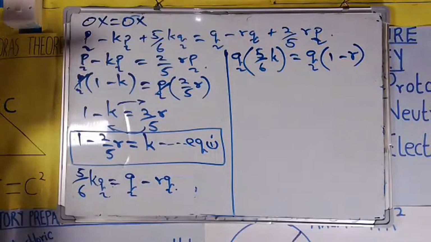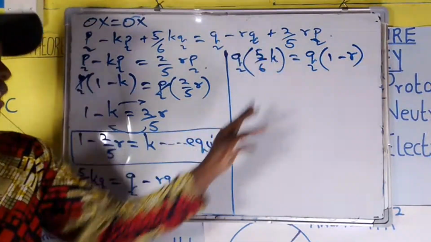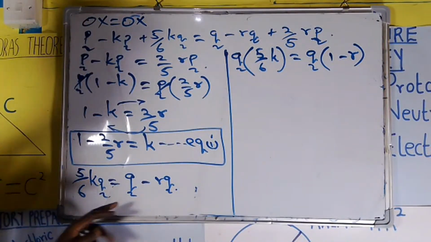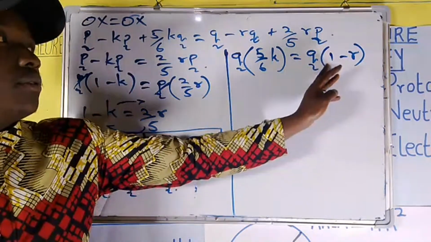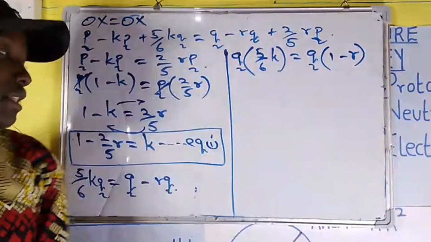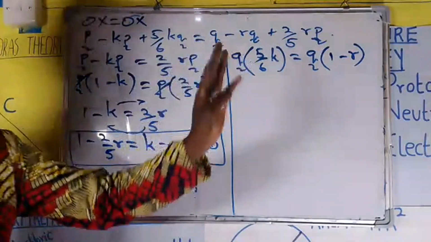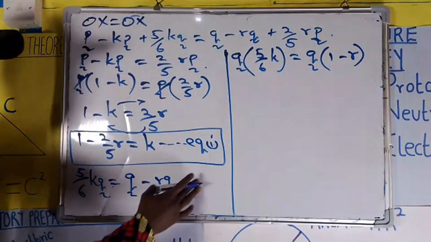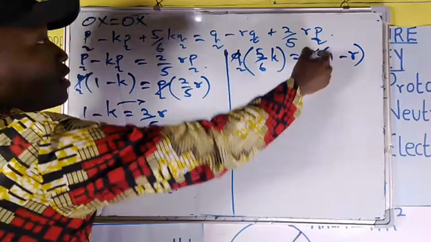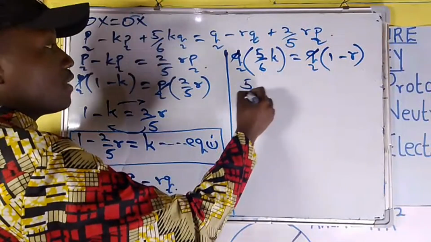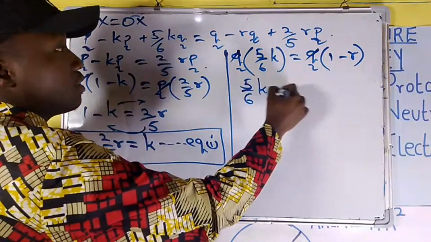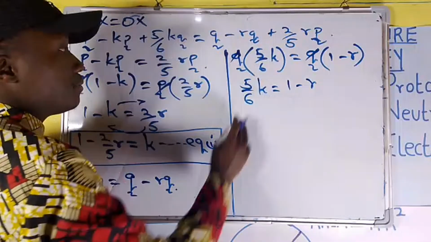Why? Because q times 5/6k is 5/6kq. Q times 1 is q. Q times negative r is equal to negative qr or rq. So we cancel q and q and we are left with 5/6k is equal to 1 minus r.